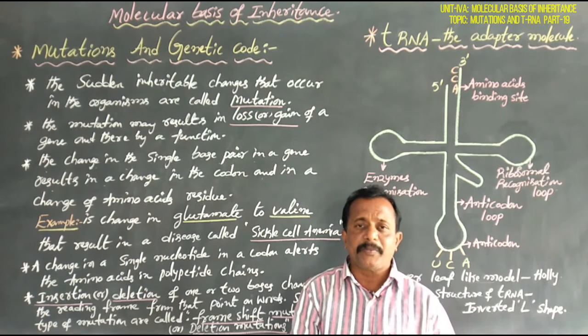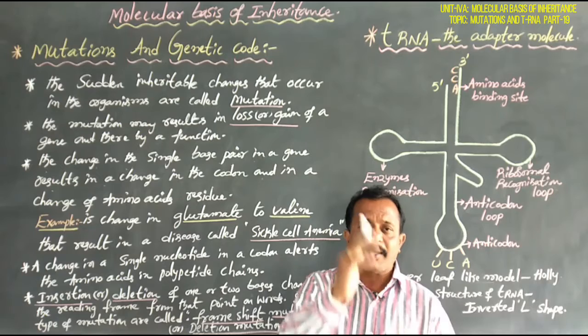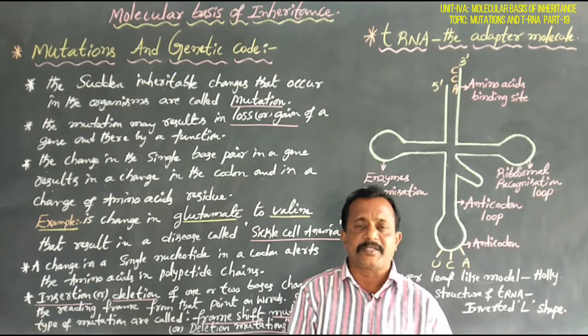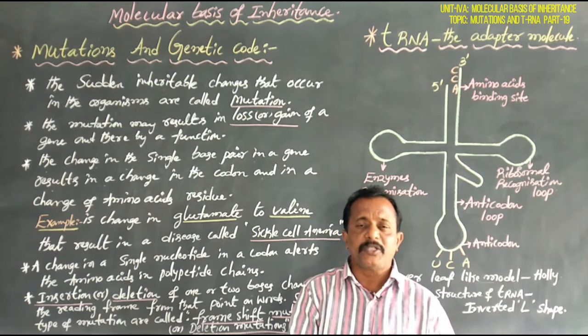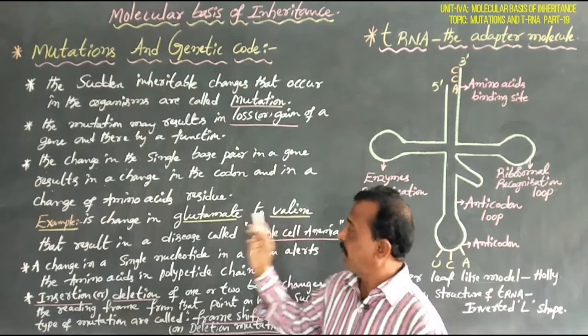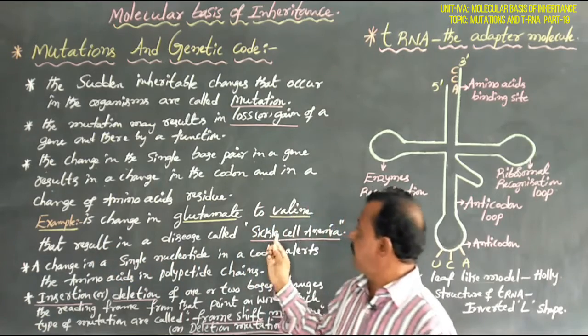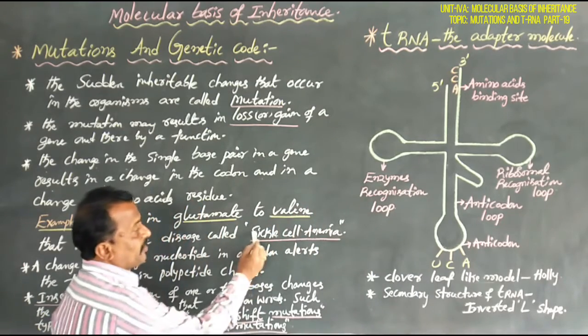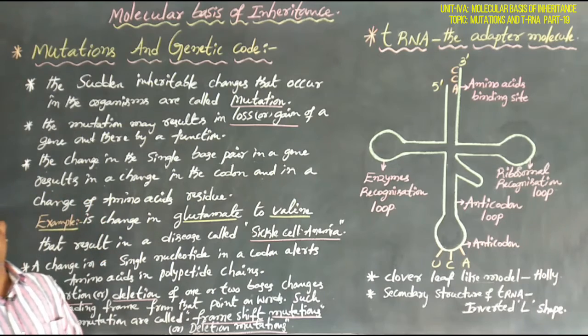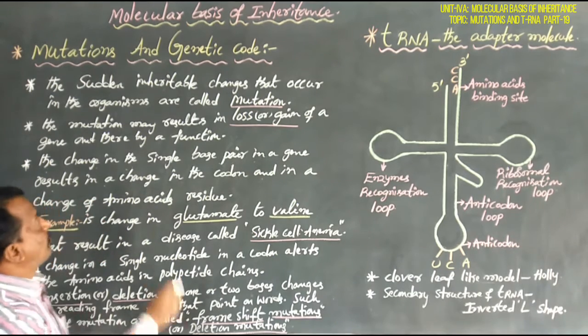The alpha and beta chains are otherwise similar in amino acids, but the seventh amino acid is changed from glutamate to valine. That results in a disease called sickle cell anemia.